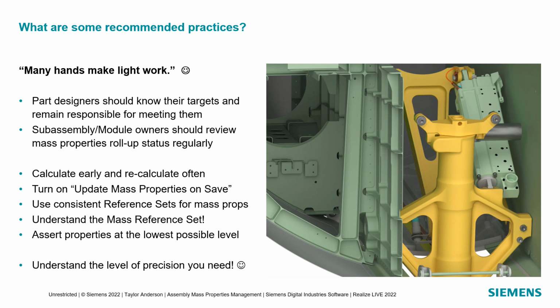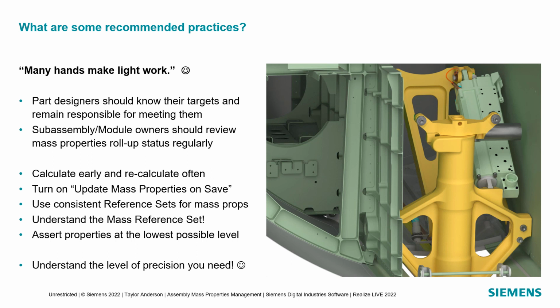The reality of their design, given its size, was that a rainy day at sea with rain water sitting on their boat was going to influence the mass of the boat more than anything they were asking me about in the 9th and 10th decimal places. You needed to temper the expectations about the precision of what was going to come out of NX, given the physical nature of the massive assembly.